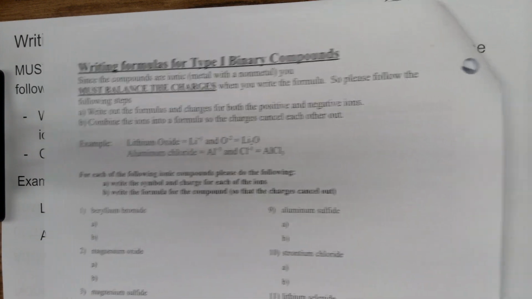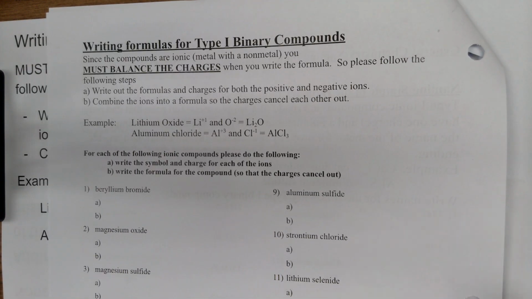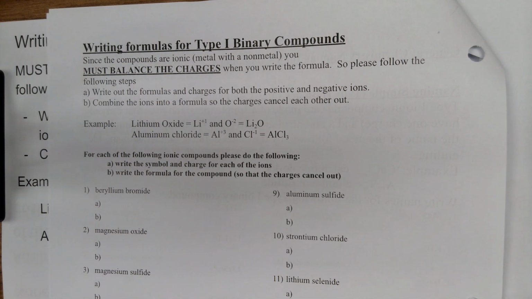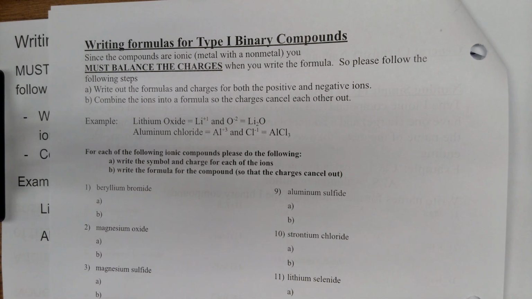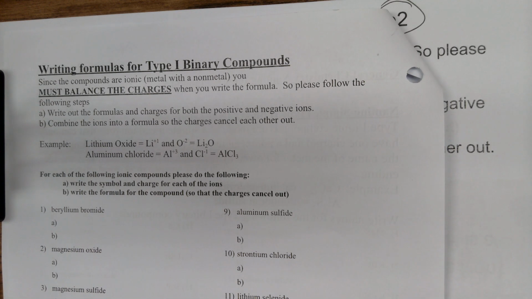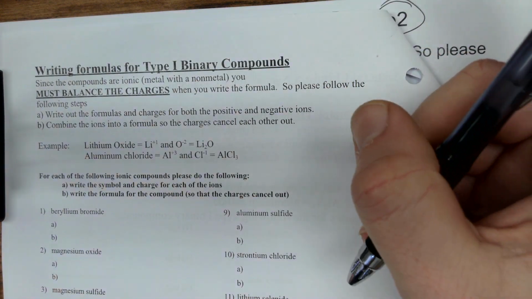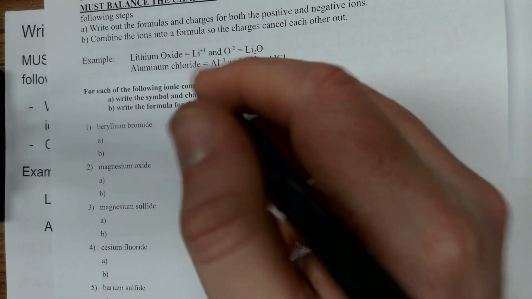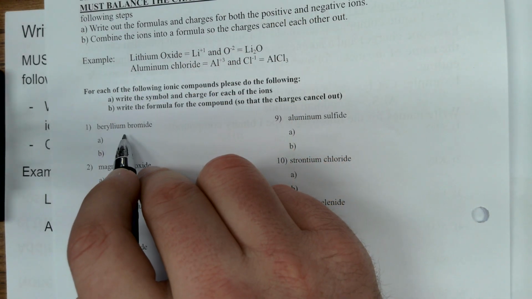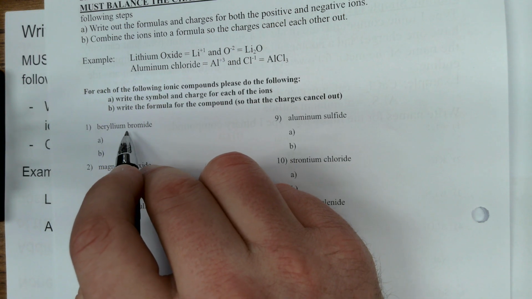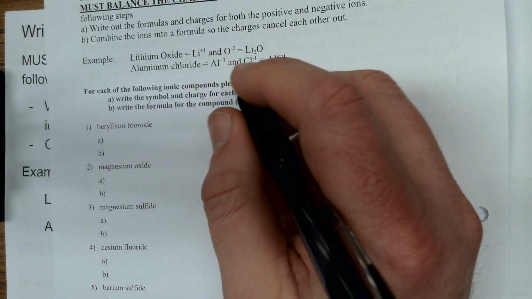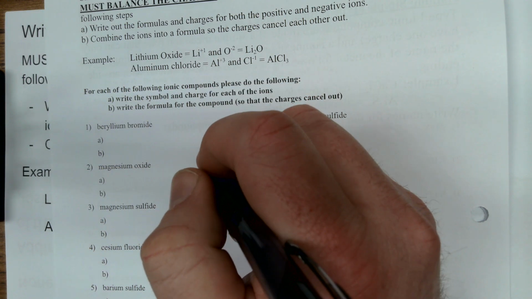So if we take a look at the top, we're going to be taking an ionic compound name, writing out the cation and the anion, and also its formula.